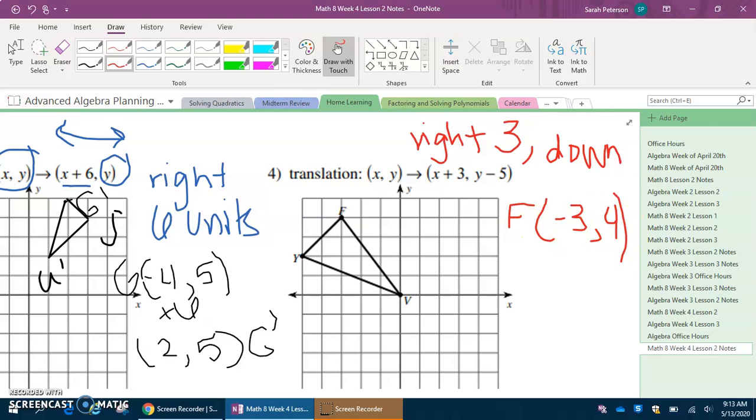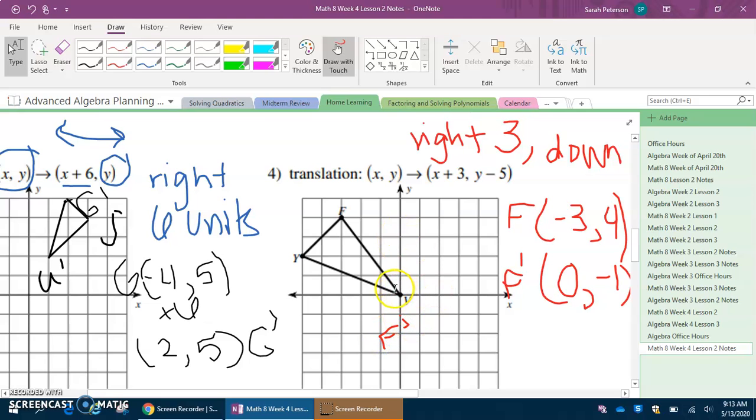And I can actually add 3 to x, so this will be f prime. If I add 3 to negative 3, I get 0. And if I subtract 5 from 4, I get negative 1. So my new point is actually going to be 0, negative 1 for f prime. So that'll be right here. So f prime is going to be right there.